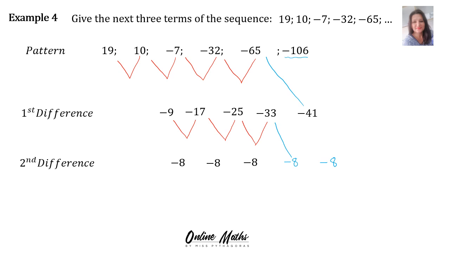Negative 8 plus negative 41 is negative 49, and negative 49 plus negative 106 is negative 155. That's your second term. And then the next one: negative 8 plus negative 49 is negative 57, and negative 57 plus negative 155 is negative 212.